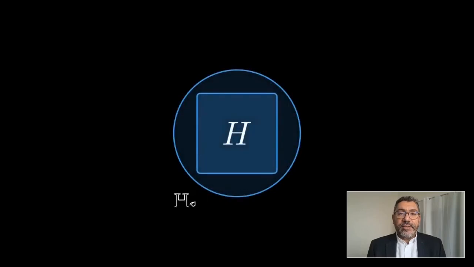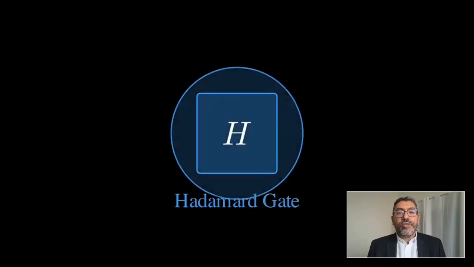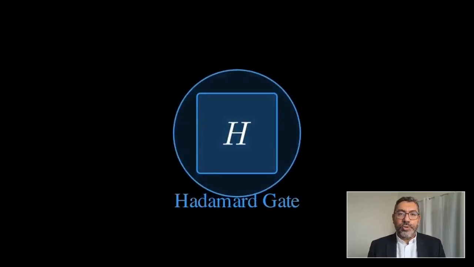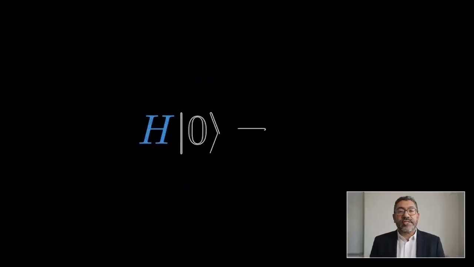The Hadamard gate, or H gate, is one of the most important gates in quantum computing. It turns ket 0 into ket plus, a balanced superposition.